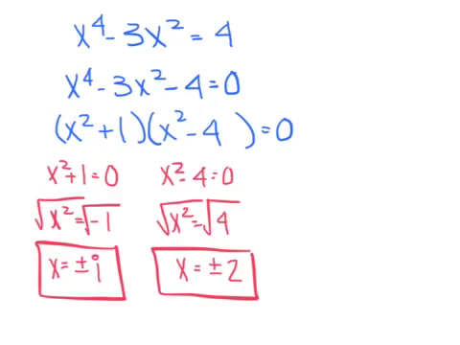And then let's do one with the SOAP method of factoring also. So if you were given x cubed minus 1 equals 0 in your homework and you were told to solve this, we want to use the SOAP method.